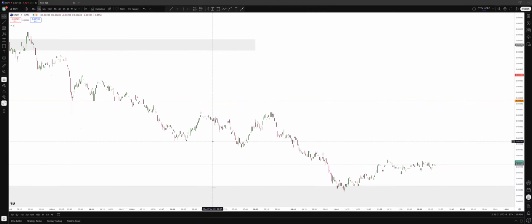So 7 o'clock opens sellers. So sellers are at this low, and then this one opens buyers. Now the problem is that this one flipped. Yeah, it did flip.